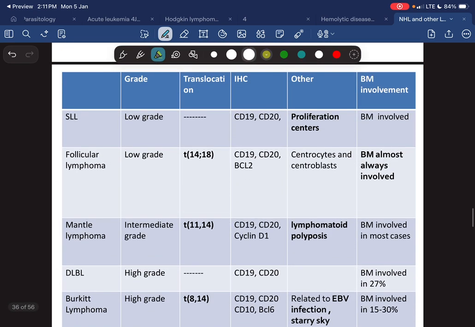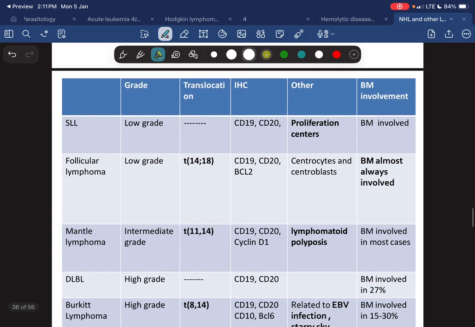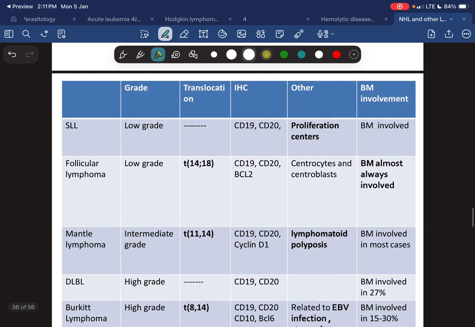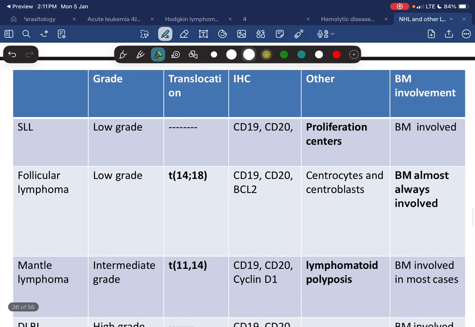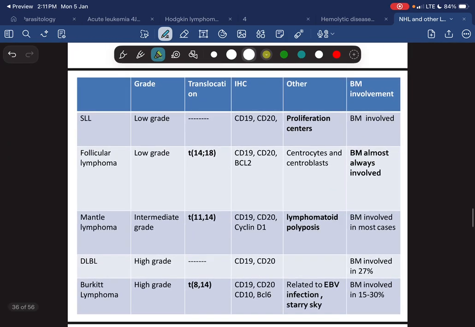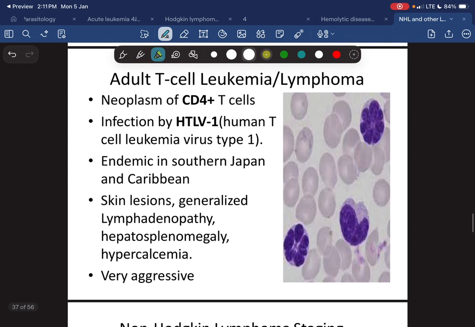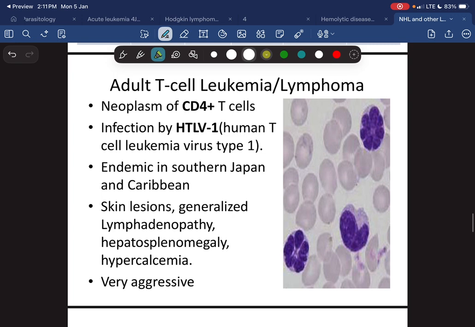It's a CD4 T-cell neoplasm related to infection with the human T-cell leukemia virus type 1, seen more in Japan and the Caribbean, presenting with skin lesions, hepatosplenomegaly, and hypercalcemia. It is rare and a very aggressive lymphoma, usually worse than the B-cell lymphomas.